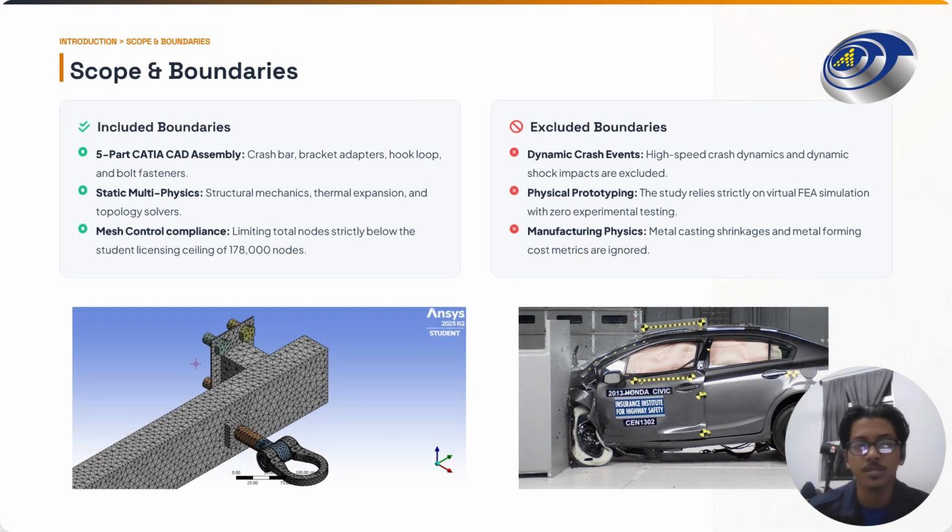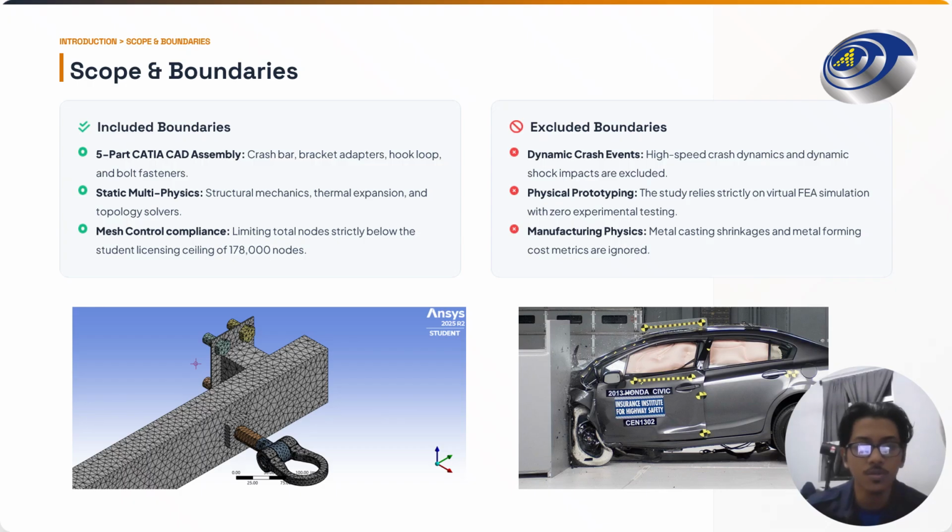Scope and boundaries. These are the boundaries and the scope that we are going to use in our analysis, which is a 5-part CATIA assembly, which has the crush bar itself, the bracket adapter, the hook loop, and the bolt fasteners.